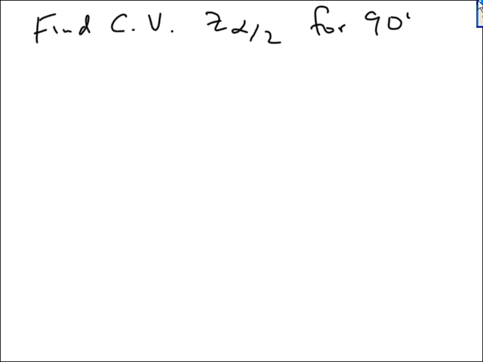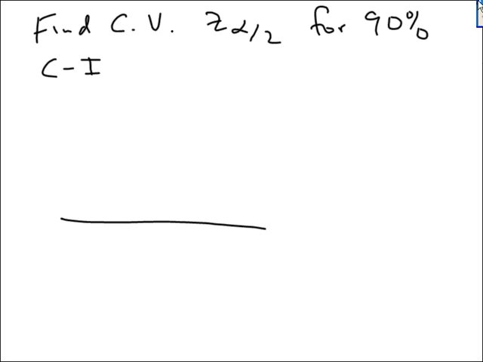It says find the critical value, which is denoted by z sub alpha over 2, for a 90% confidence interval.